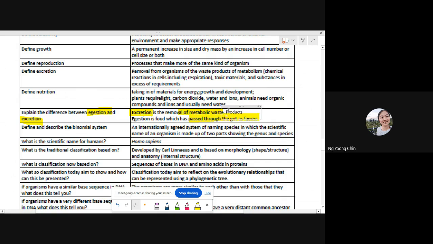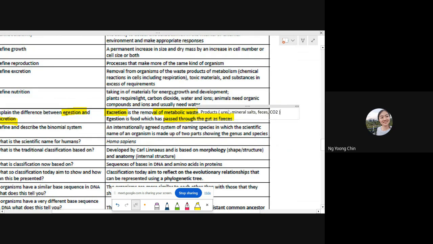Waste products include, for example, urea, mineral salts, and also carbon dioxide. So those are under excretion.